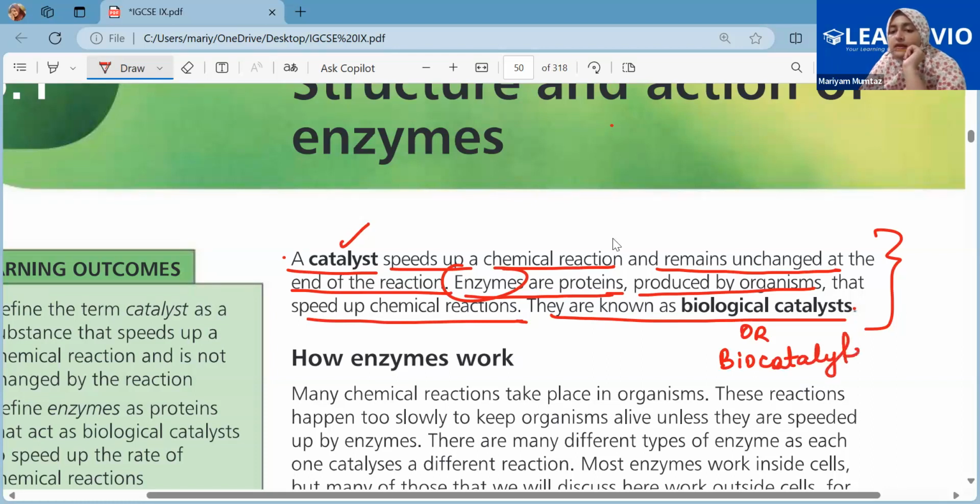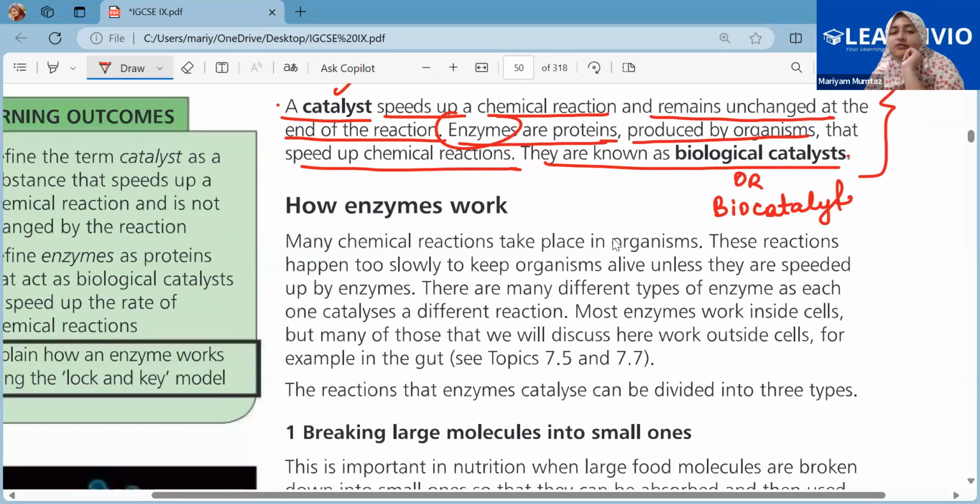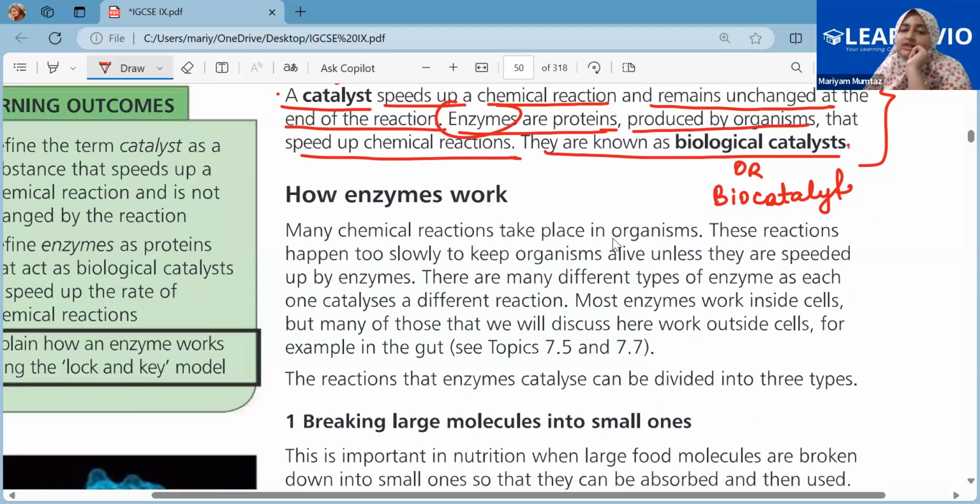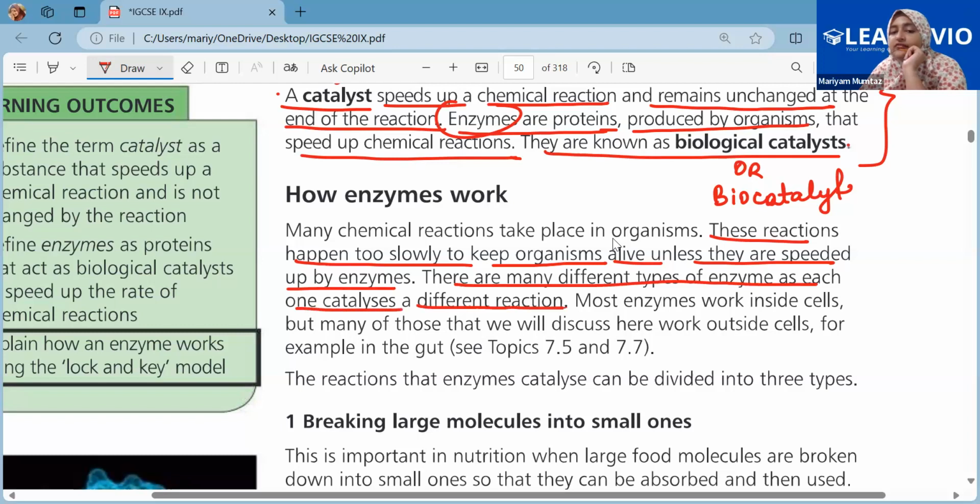It's the same thing. Now, how do enzymes work? Many chemical reactions take place in organisms. These reactions happen too slowly to keep organisms alive unless they are speeded up by the enzymes. There are many different types of enzymes as each one catalyzes a different reaction.